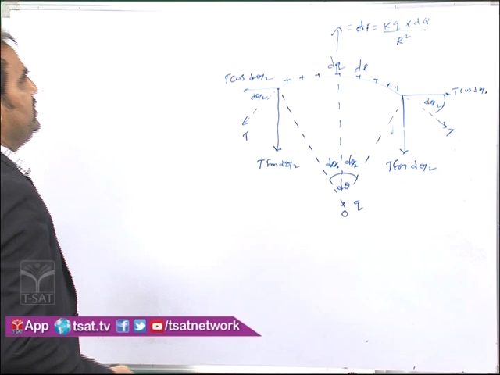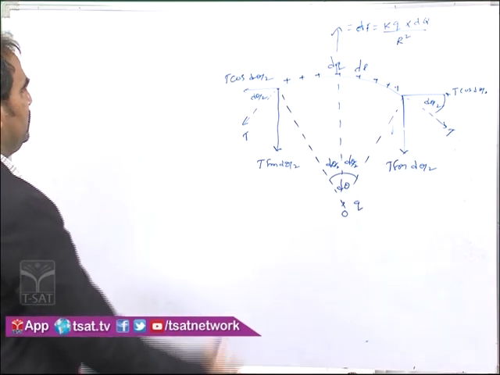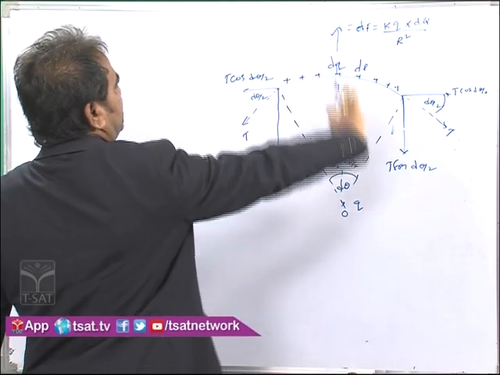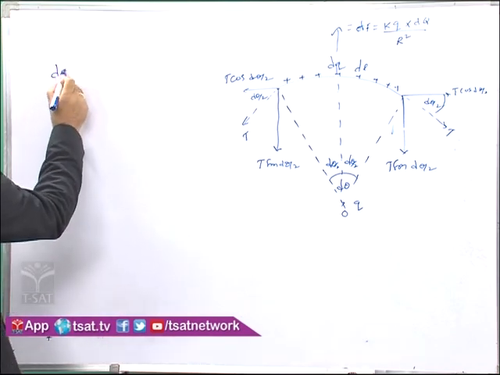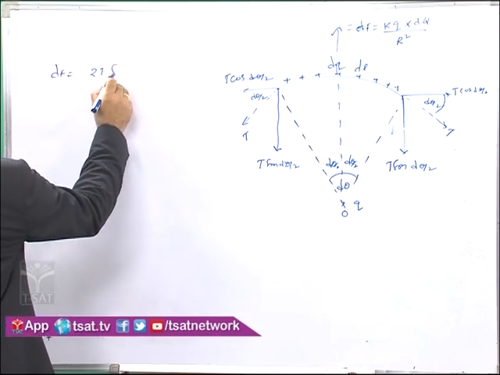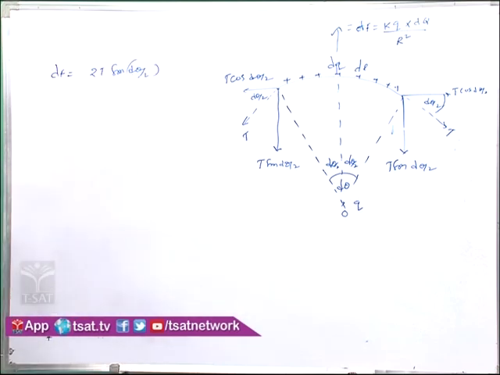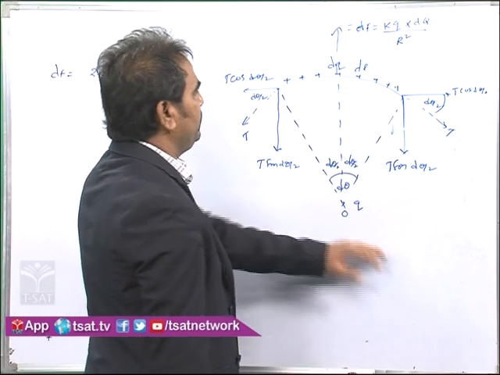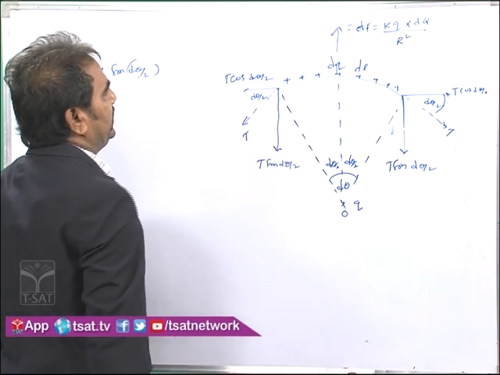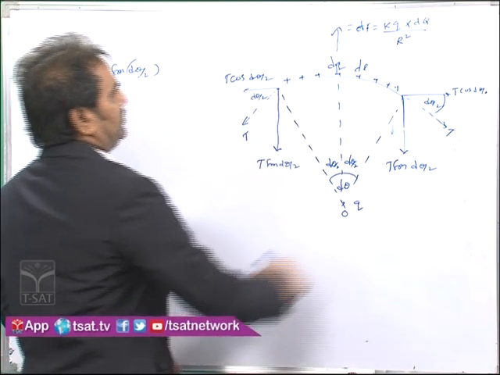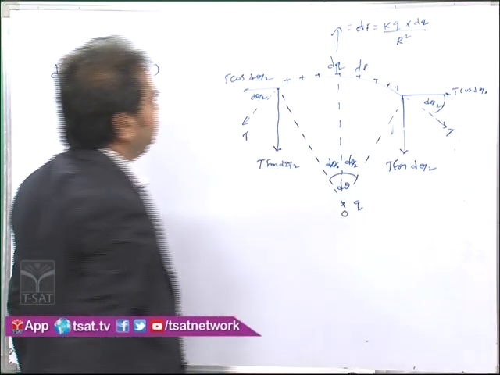At the equilibrium condition, the net upward direction acting forces are equal to the downward direction acting forces. That is, dF is equal to 2T sin d theta by 2. These two tensional forces T sin d theta by 2 are acting in the downward direction, and the electrostatic force, which is nothing but dF, is acting upward.